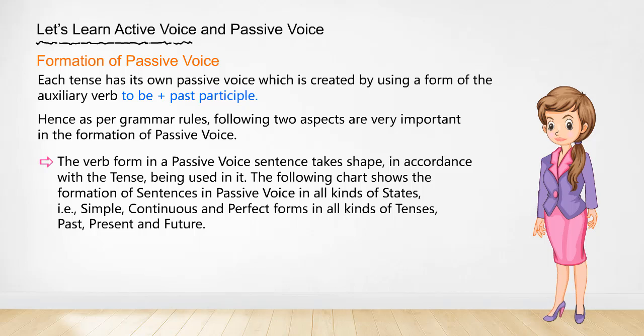The following chart shows the formation of sentences in passive voice in all kinds of states, that is, simple, continuous, and perfect forms in all kinds of tenses, past, present, and future.